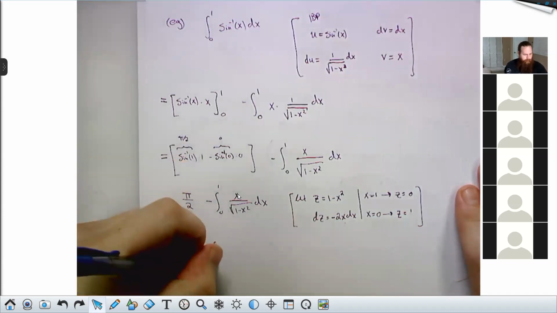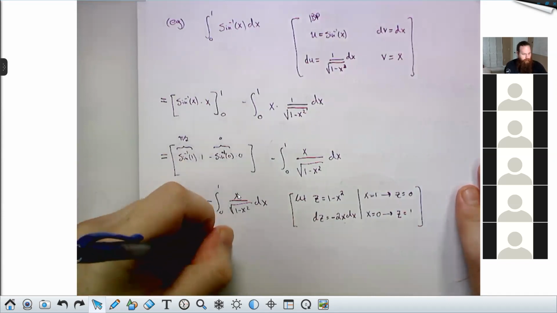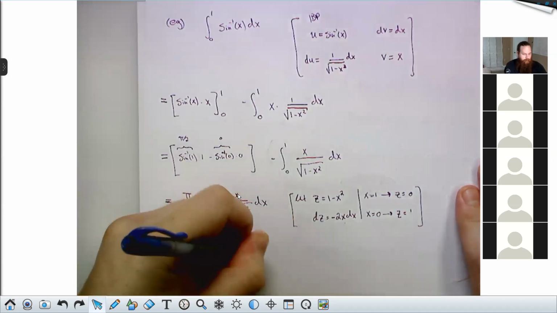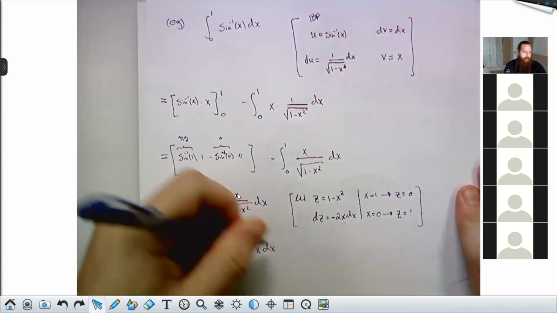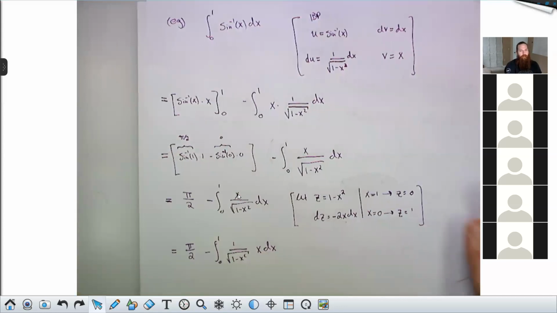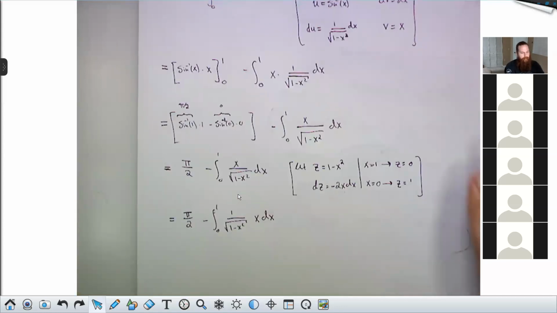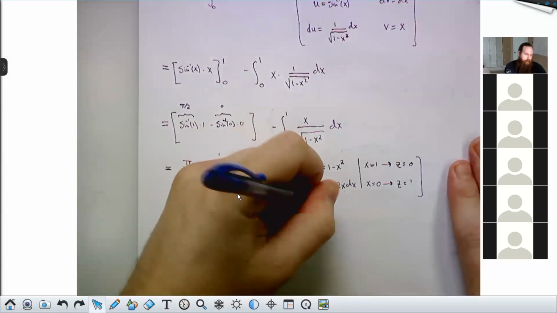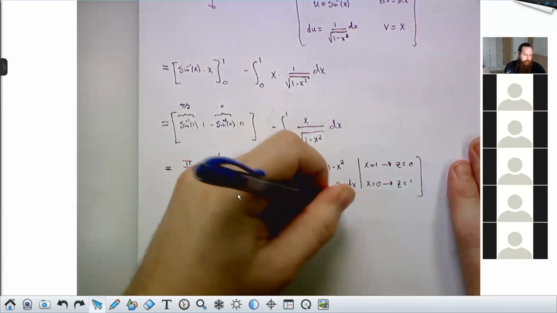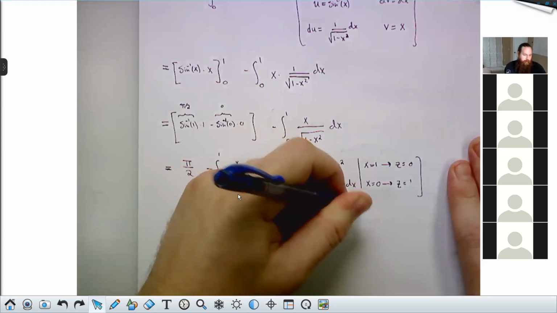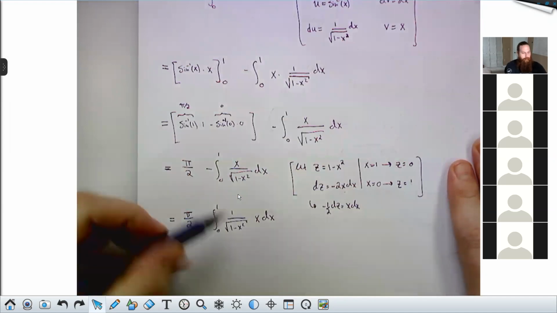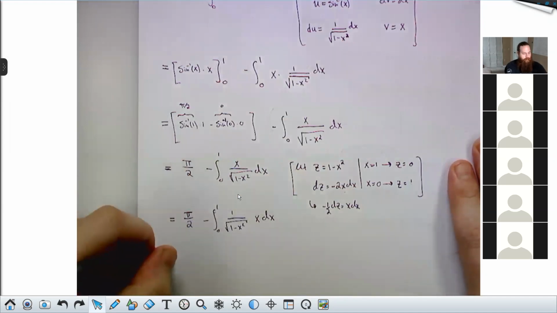I'm going to keep it in terms of the x's for now, 1 over the square root of 1 minus x squared, just to help us see how the substitution is going to go in. All right, so I'm thinking of it like this. The x dx is negative 1/2 dz. And this piece will be 1 over the square root of z.